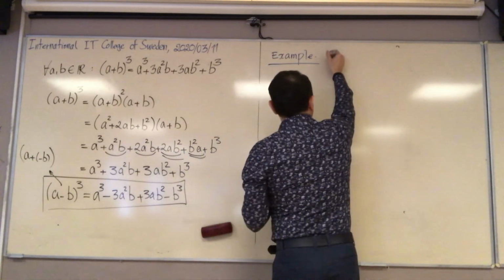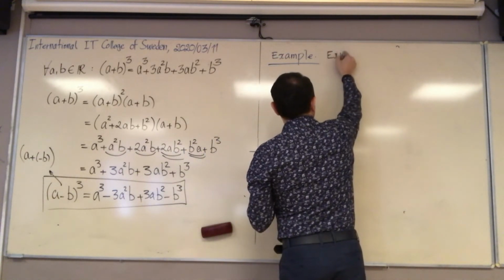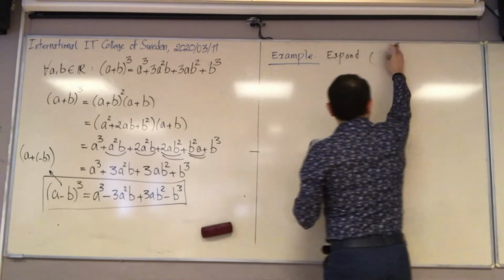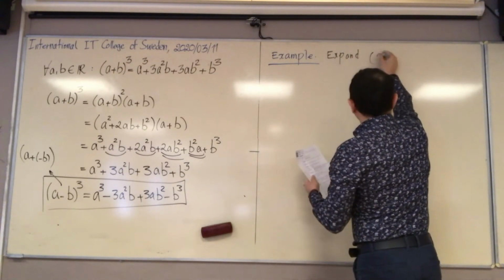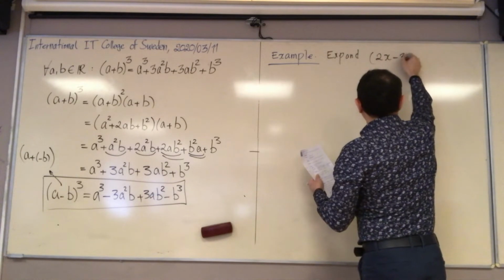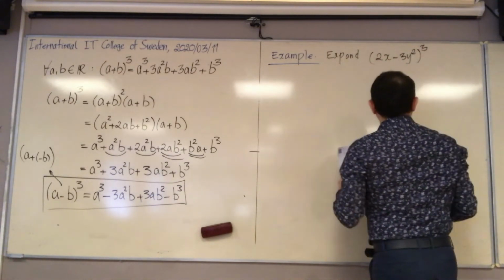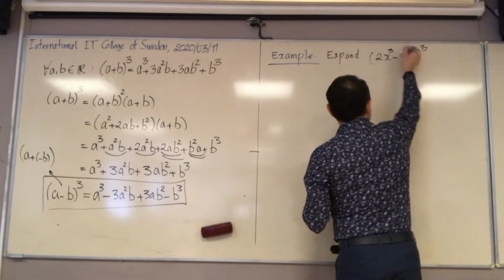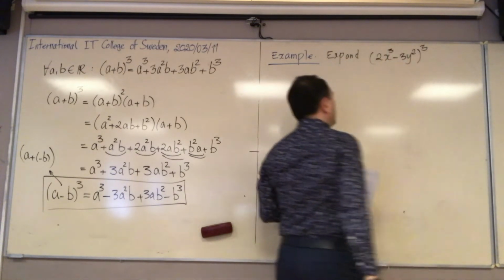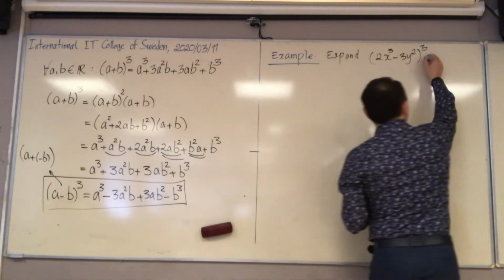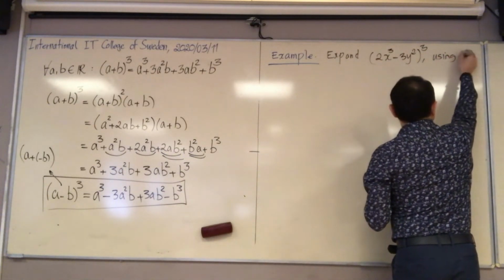So expand, this is very simple, (2x minus 3y squared) to the power of 3. So let me make it (2x) cubed minus 3y squared to the power of 3 using this identity.